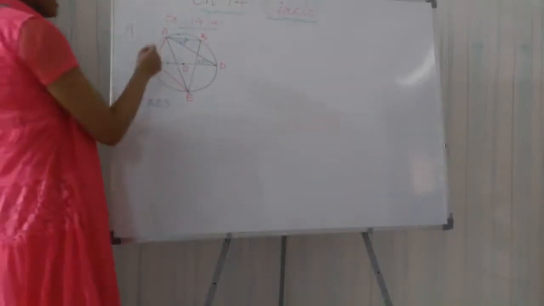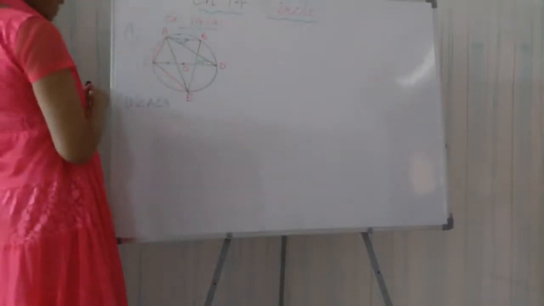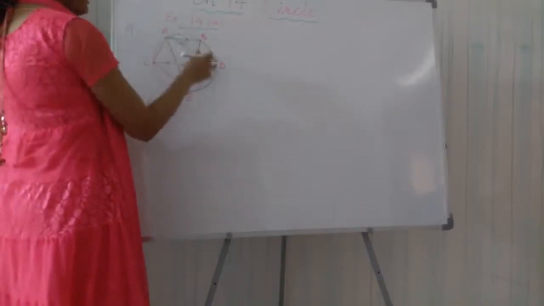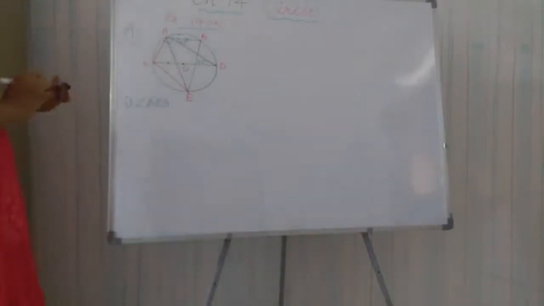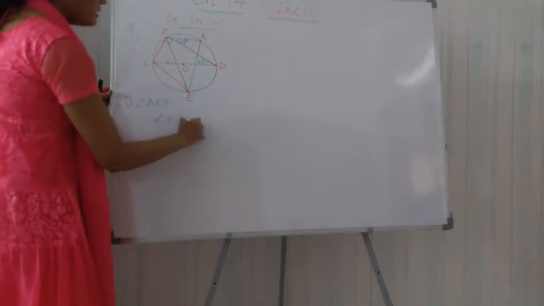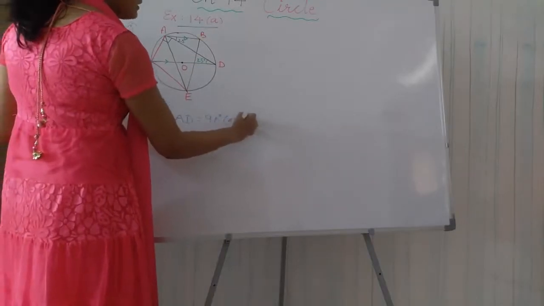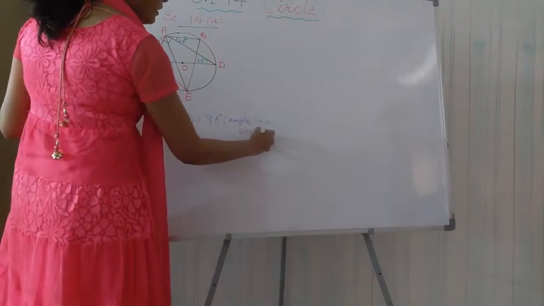So first of all you say that this angle CAD will be 90 degrees. How? Because it is in the semicircle at the circumference. So this is a 90 degree angle. So now I am writing here students that angle CAD is equal to 90 degrees, angle in a semicircle.